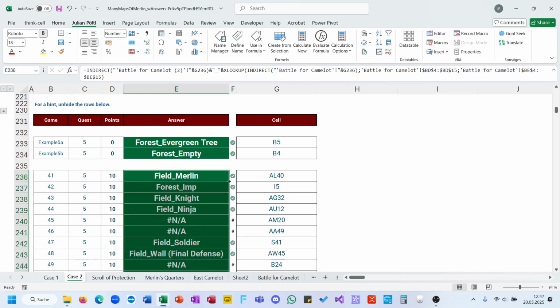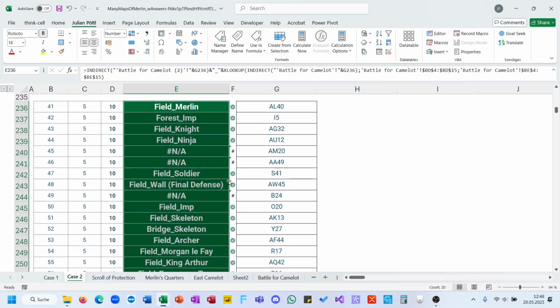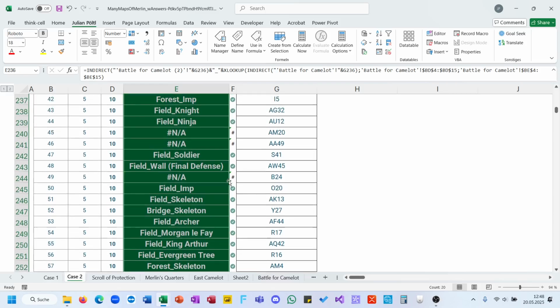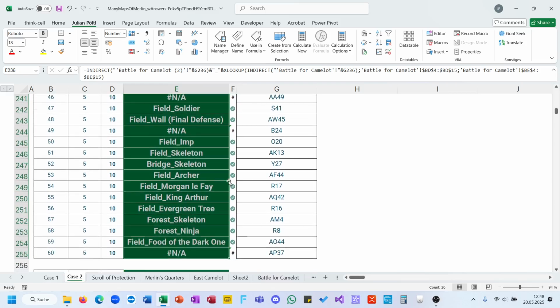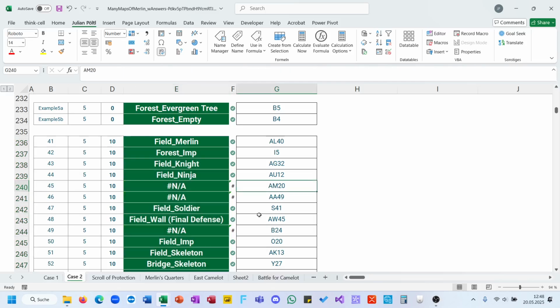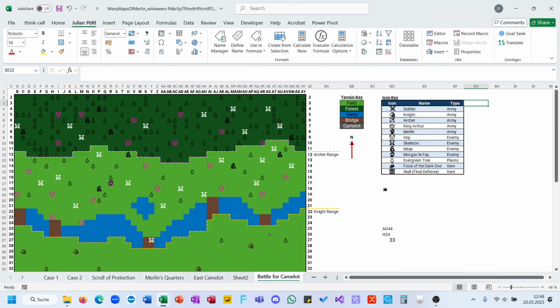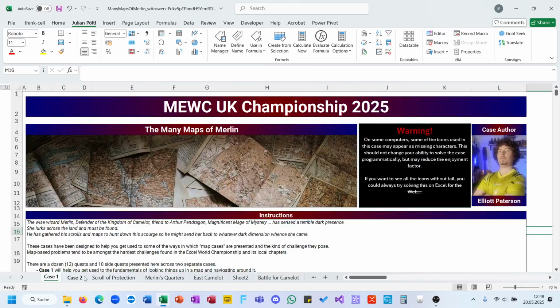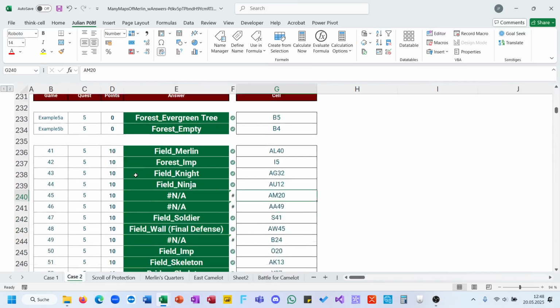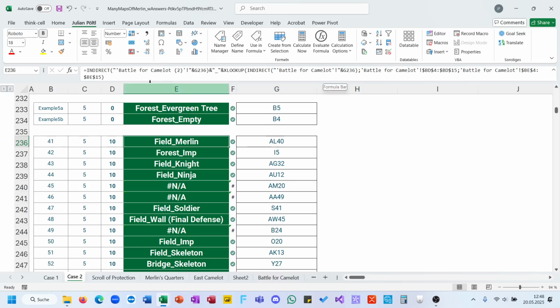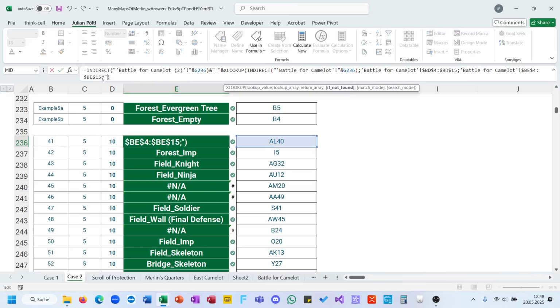Okay. Something wrong. A few stuff wrong. AM20. Is there something if there's nothing in there? Oh, empty. Okay. XLOOKUP optional argument empty.